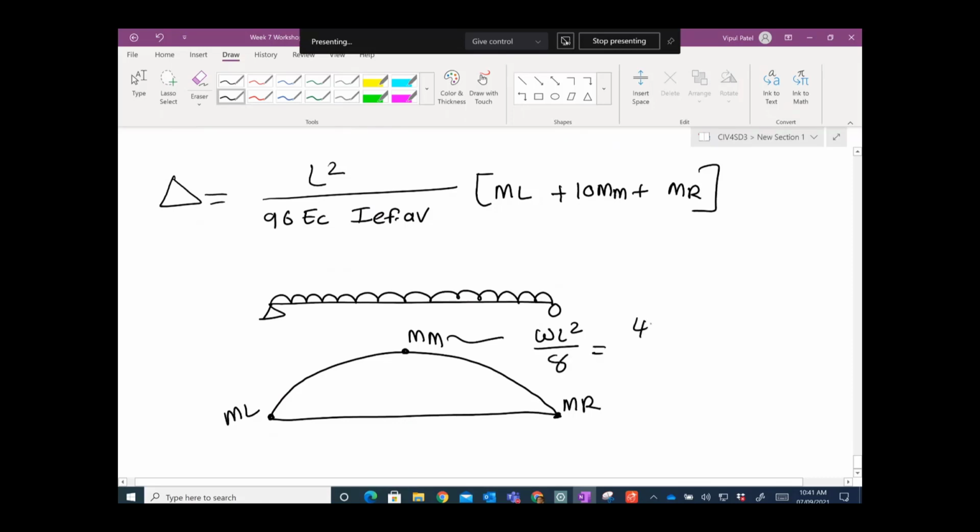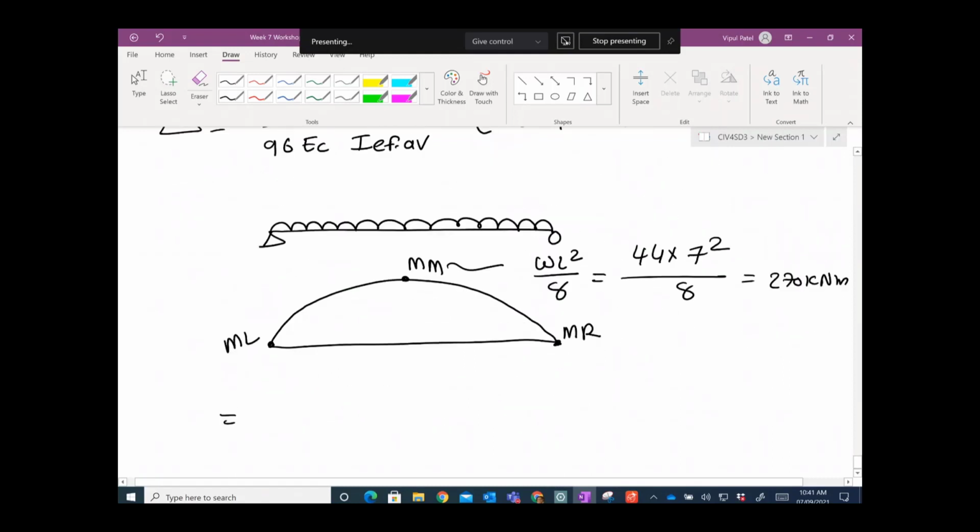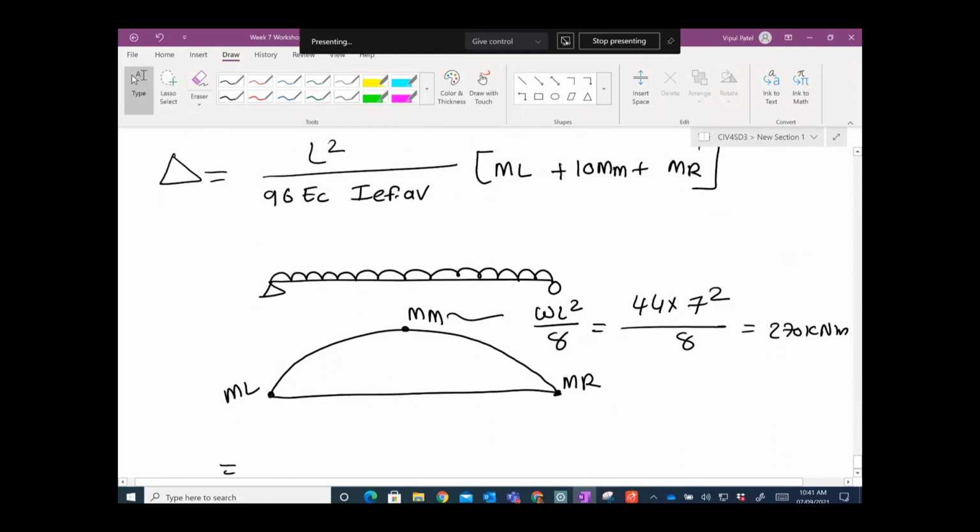Let's say short term loading 44, you have 7 meter square over 8, you get 270 kilonewton meters, and those are zeros. So if you want to calculate this deflection using these values, you can calculate these using those equations.